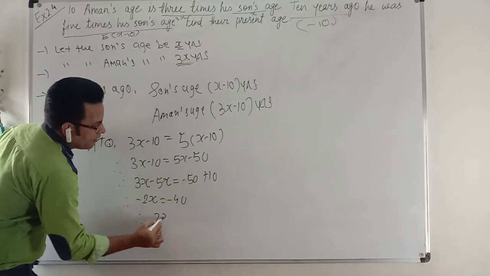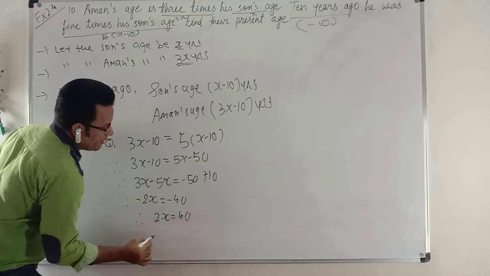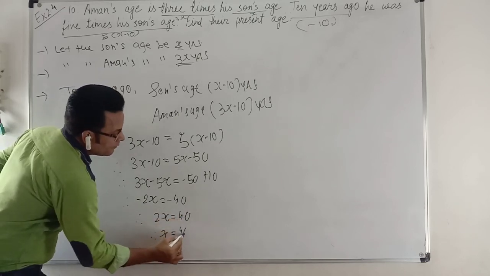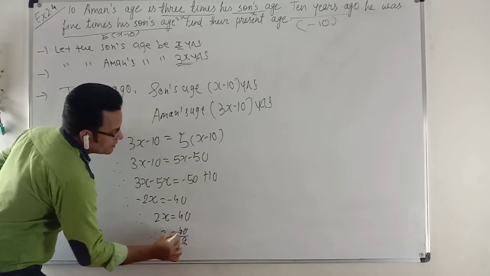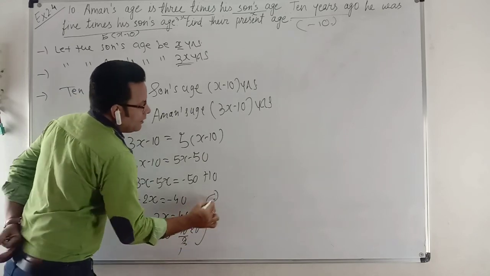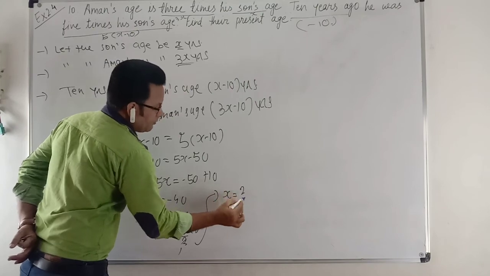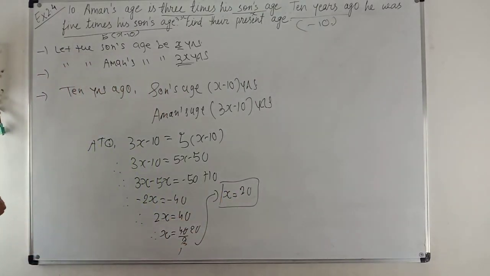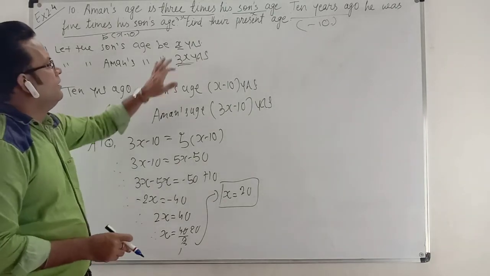Minus minus plus, 2x is equal to 40. Therefore x is equal to 40 by 2, 2 twos are 20. So x is equal to 20. So you got the age of son.